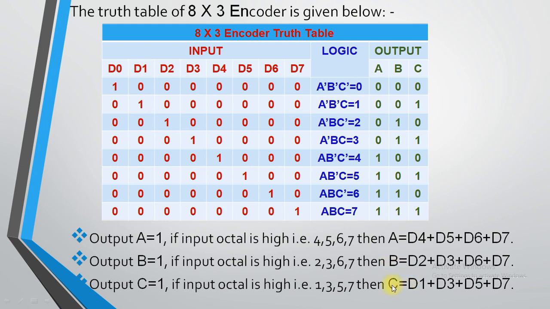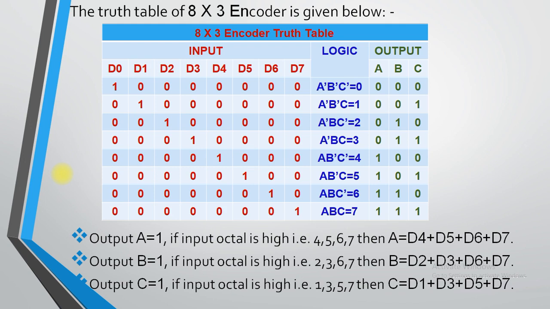For the output variable C, 1, 3, 5, 7. So C equals to D1 plus D3 plus D5 plus D7. So from the truth table, you need to form the Boolean function, because based on the Boolean function, you need to draw the logical diagram.